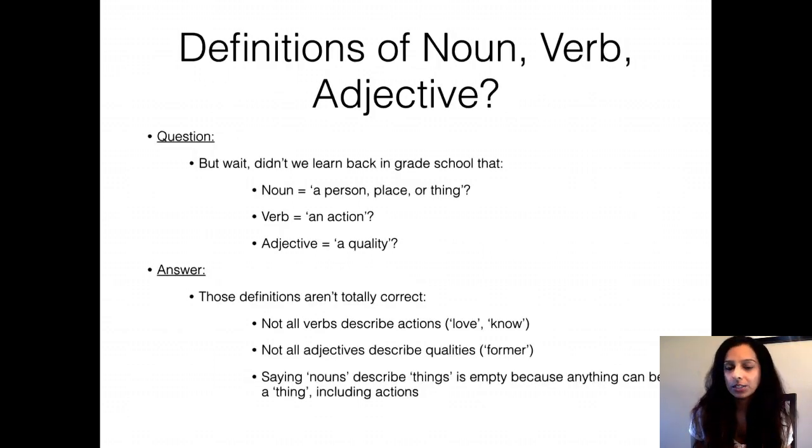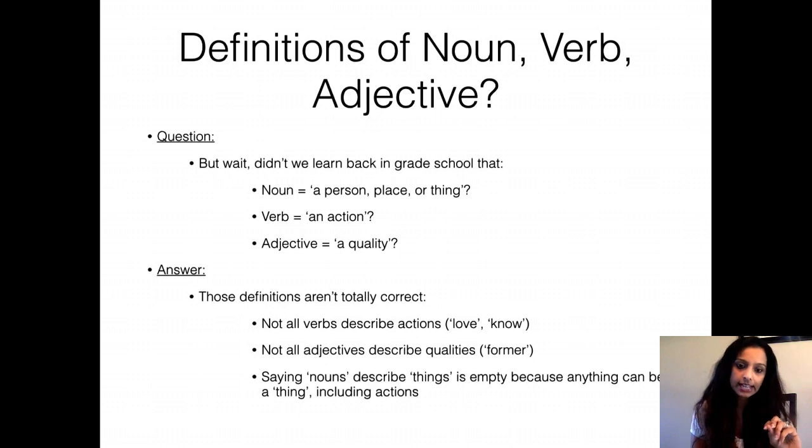Now, very often my students say that in 5th grade or 6th grade, somebody told you that a noun, verb, and adjective is a person, place, or thing, an action, and a quality. I'm going to tell you that these definitions are wrong. I don't want you going out there into the school district and teaching your students that a noun, verb, and adjective is a person, place, or thing, an action, or a quality, because that's not correct.